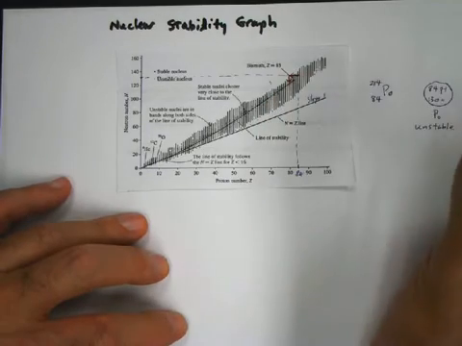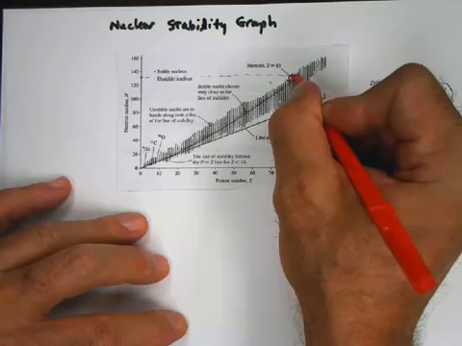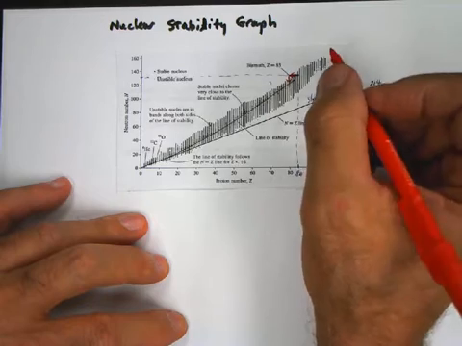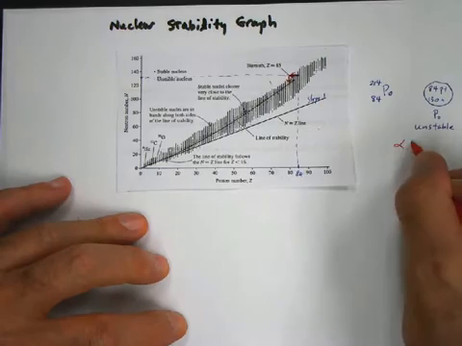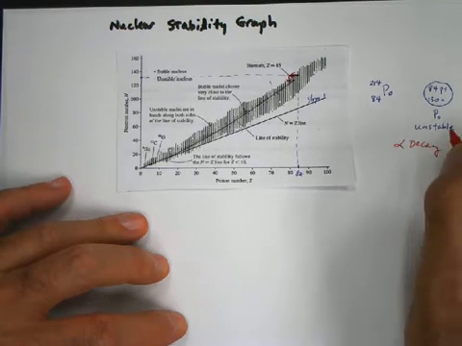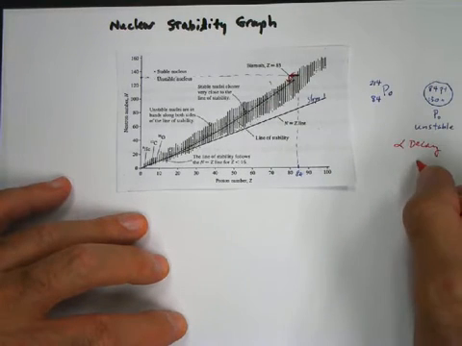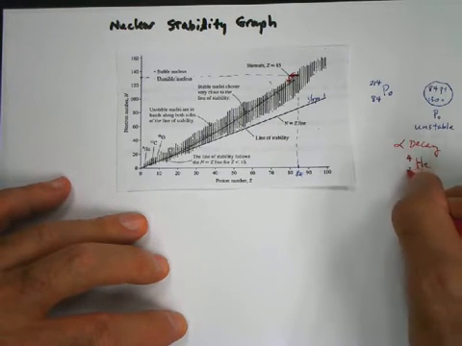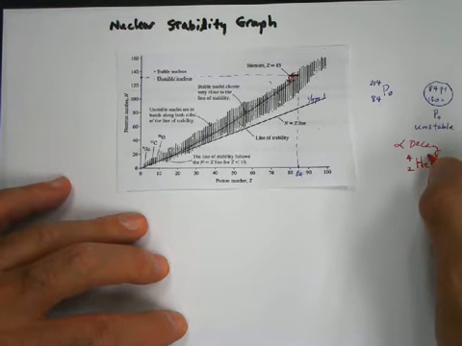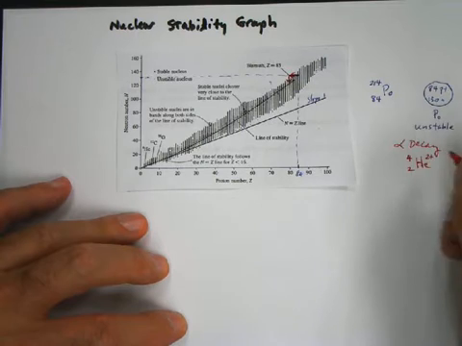It tends to undergo alpha decay, and alpha decay is where it would release a helium nucleus. Helium nucleus doesn't have its two orbital electrons, so it has a +2 charge. But anyway, that's alpha decay.